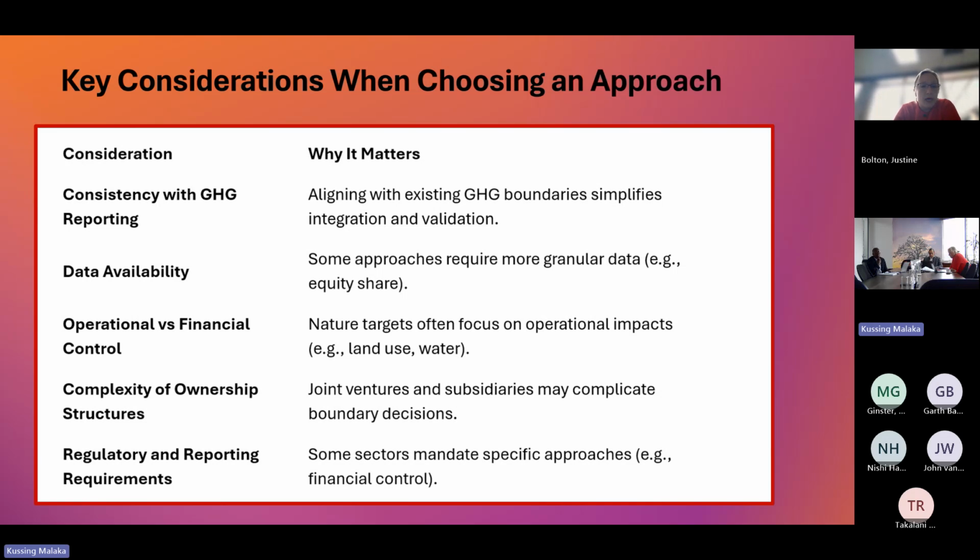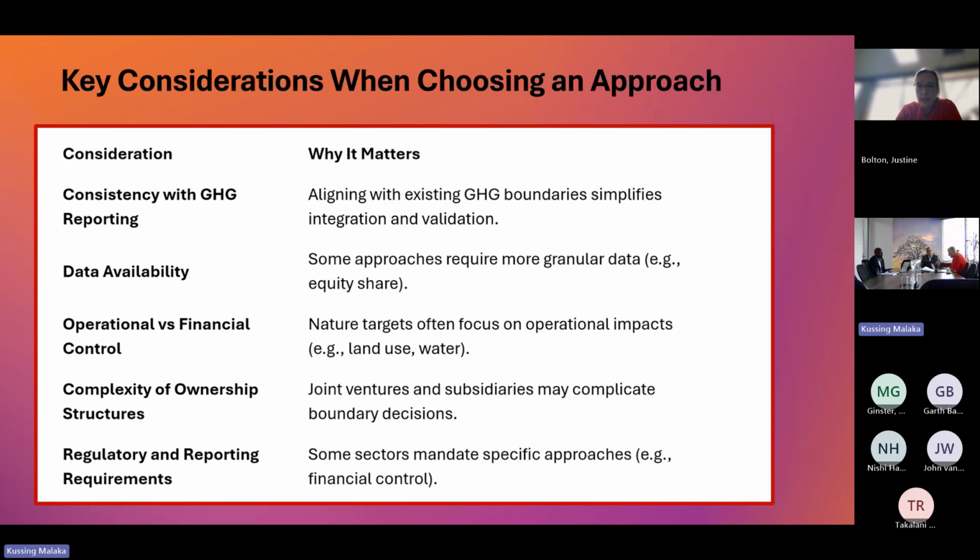I mean, there are other considerations when choosing a boundary, or when understanding if the boundary approach that you've chosen is correct. Data availability is a big one. Some approaches require much more granular data in order to understand the impacts and the risks and set credible targets. So with the equity share approach, trying to get data from joint ventures, from partners, from other entities is often quite tricky.